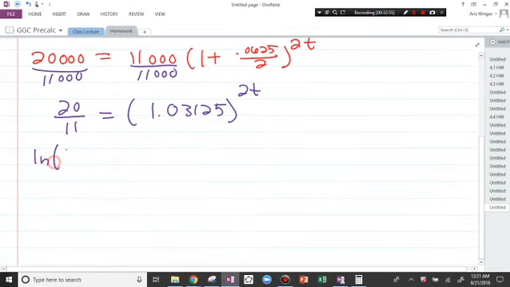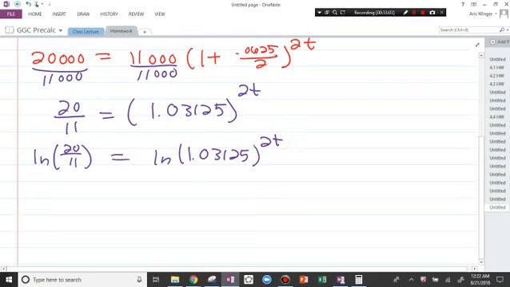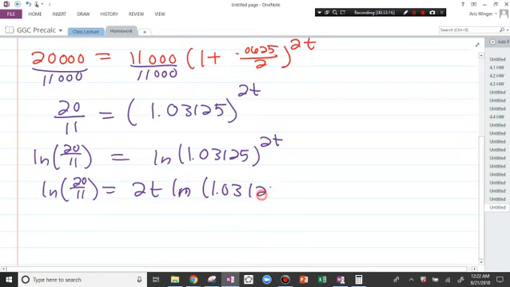So the natural log of 20 over 11 equals the natural log of 1.03125 to the 2t power, and then we'll bring the power in front using the power rule. The natural log of 20 over 11 equals, bring the 2t in front, natural log of 1.03125, and then what we want to do is we want to divide by all of this stuff that is not the thing we're looking for, right?